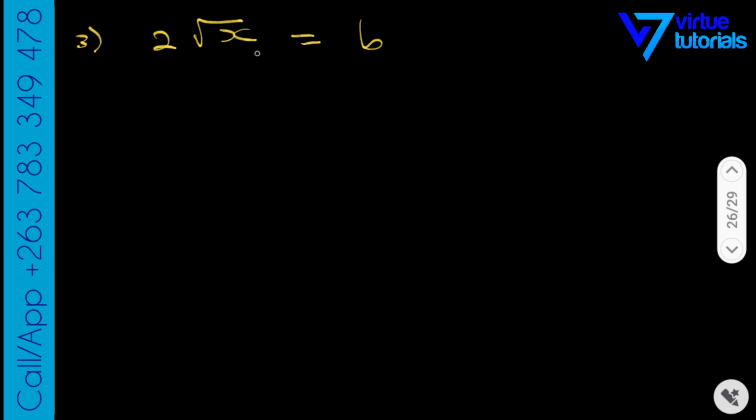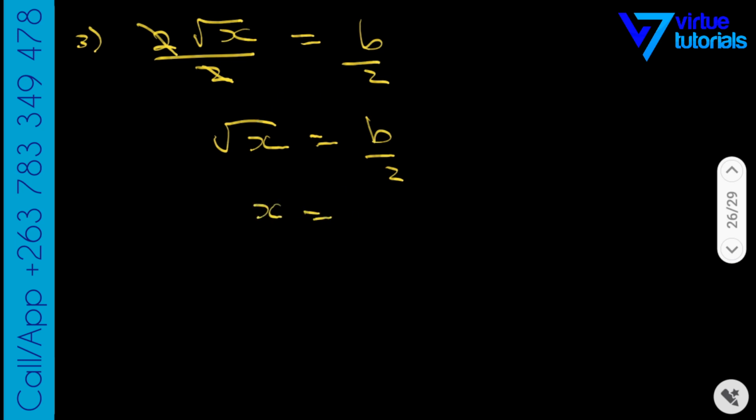So we have a 2 that's multiplying. To remove that 2, we have to divide both sides. So I cancel off that 2. I get square root of x is equal to b over 2. Then I can now move my square root that side, and I can get x is equal to b over 2 all squared, right?